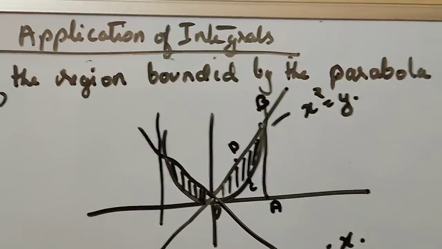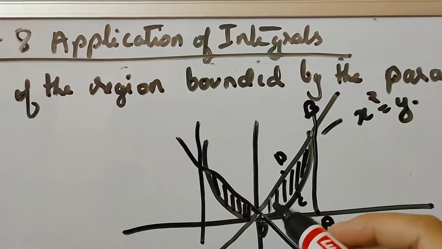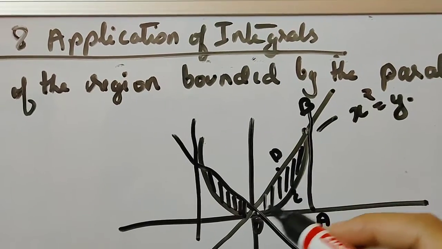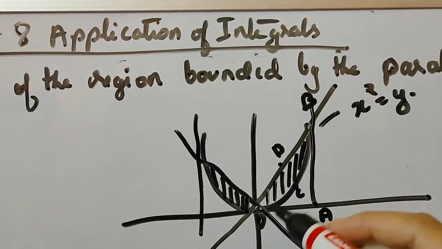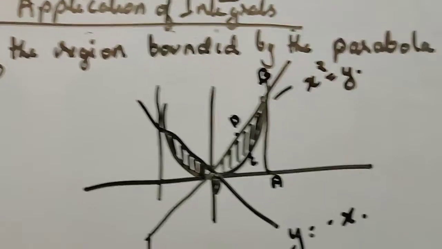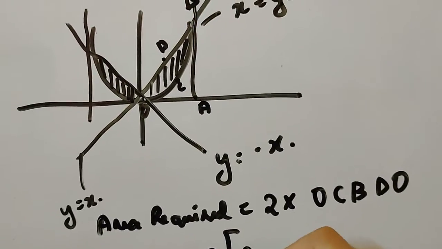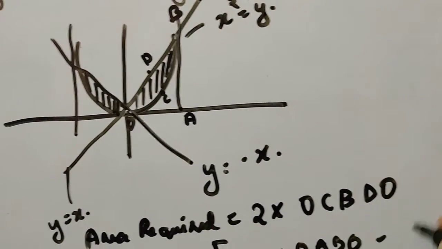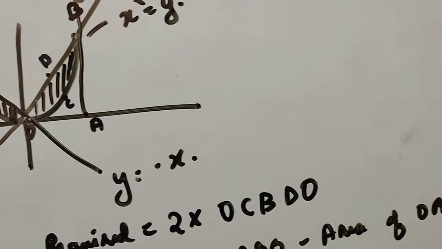Now, for finding this area, what we can do is first find this whole area OABO minus this part OABCO, then I will get this area. So 2 into, this can be further divided into area of OABO minus area of OABCO.